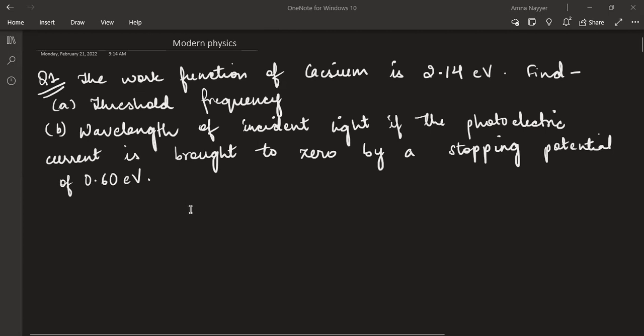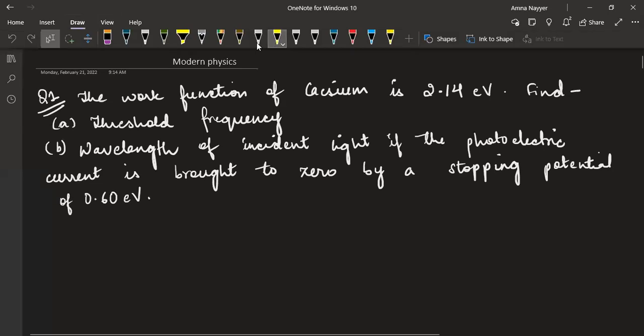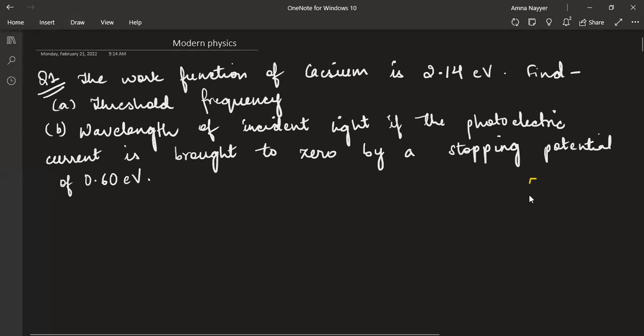Okay, let me discuss it then. See, the first part is very easy. You have to find the threshold frequency from the work function. The way we write total energy as E is equal to h nu, when it is work function energy, this becomes threshold frequency.